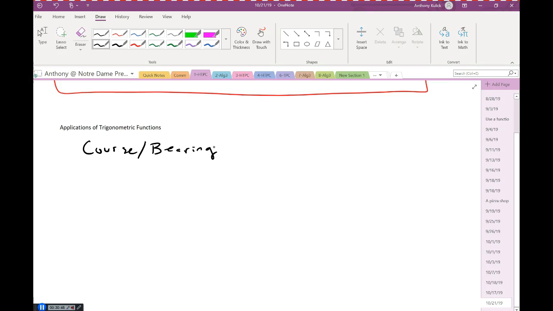So, we use a bearing frequently when describing directions, especially in things like airplanes or ships where there's not necessarily roads to travel.